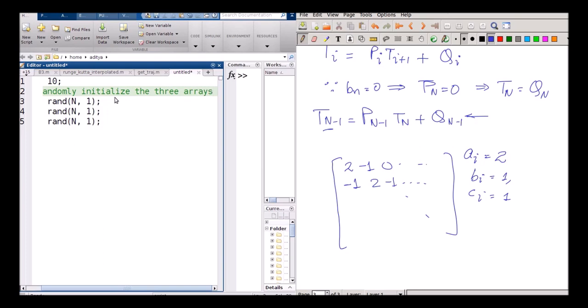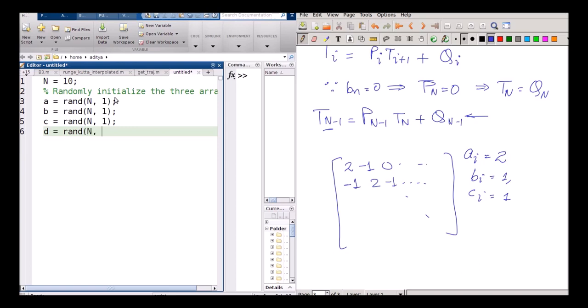So we just randomly initialize the 3 arrays. In reality, there may be 2s and 1s and all these things, but for this particular example, we'll just quickly do this. Because this is a synthetic example, let's not focus on a particular problem. We also need D as rand n comma 1. So A, B, C and D are all random arrays.